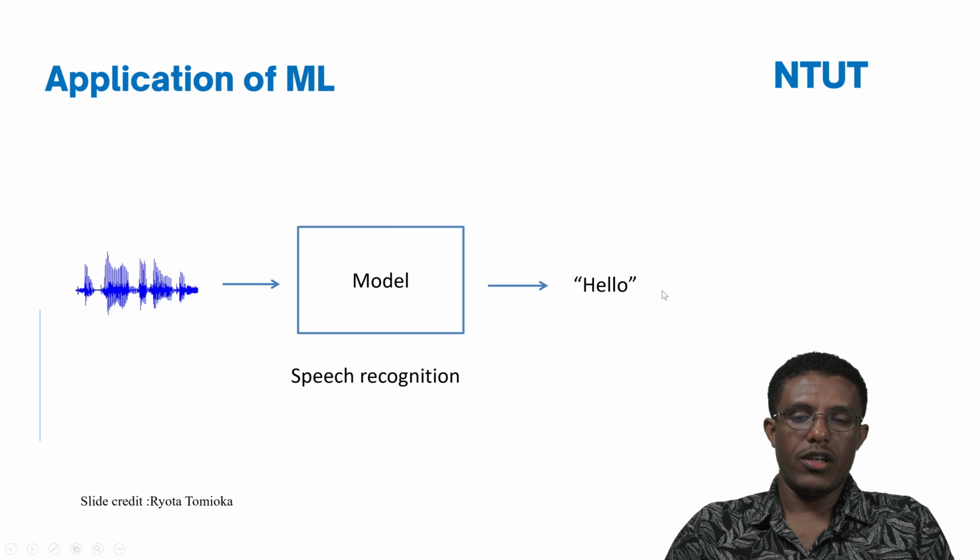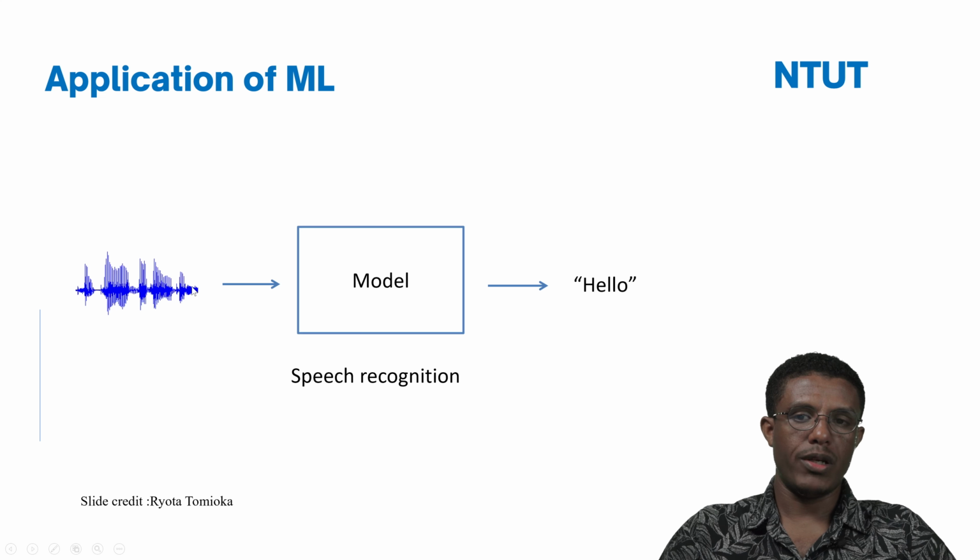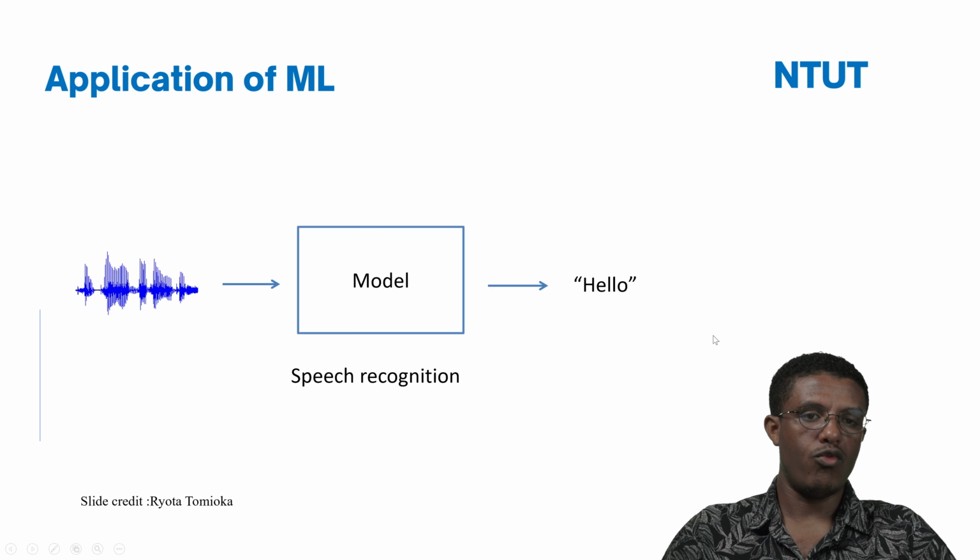Another application of machine learning is voice recognition or speech recognition. Here there is a sample of recorded voice, and we input this recorded voice into the machine learning model, and finally the model says that the voice says hello. Sometimes we cannot easily understand a voice, but using these machine learning models we can get an output about what the voice says.